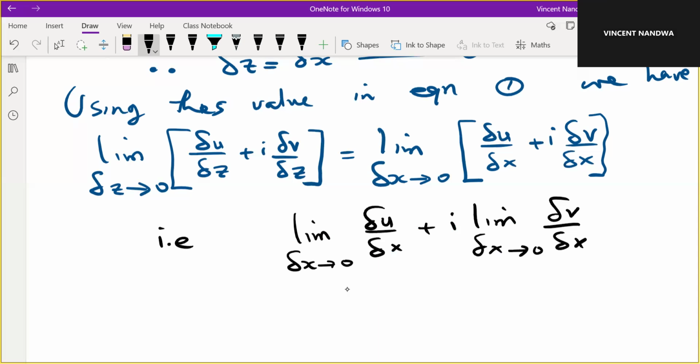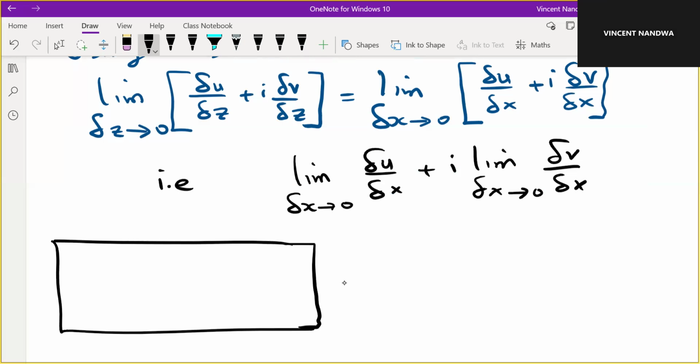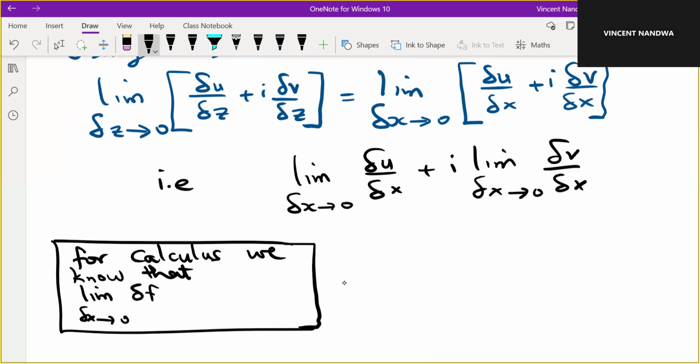And if you remember what you did in differential calculus, we know that the limit as a small change in x approaches 0 of delta f over delta x is nothing but the derivative of f with respect to x. This is a result from calculus.